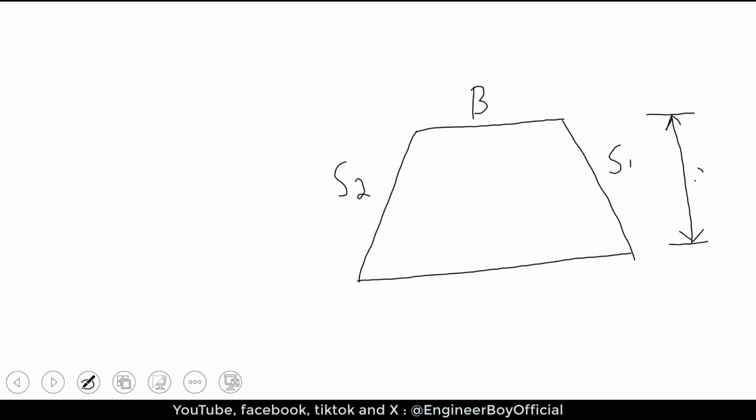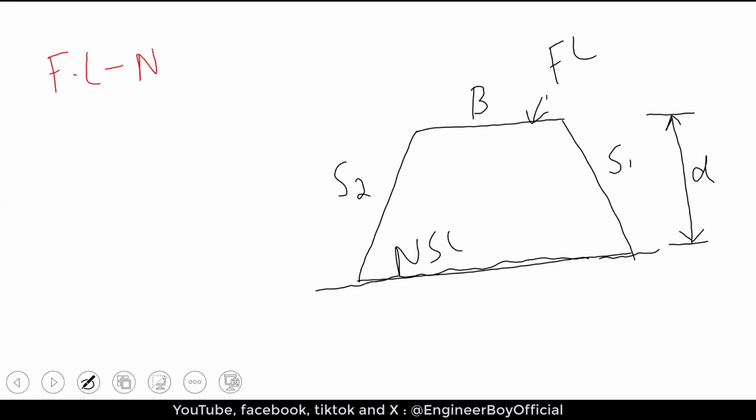Now, if the depth is not known, let's say this is the formation level, and here this is NSL. These two must be known. If these two are known, we can just subtract the NSL from the formation level, and this is the depth. So this is how you can calculate the depth. It is just the difference of levels.